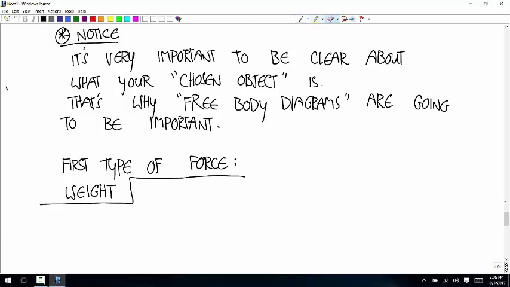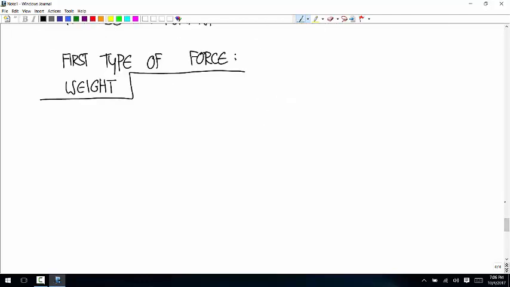And so we have to figure out how much force gravity applies to things. Well, we've already talked about how something in free fall, no matter what its mass is, has a downward acceleration of 9.81 meters per second squared.